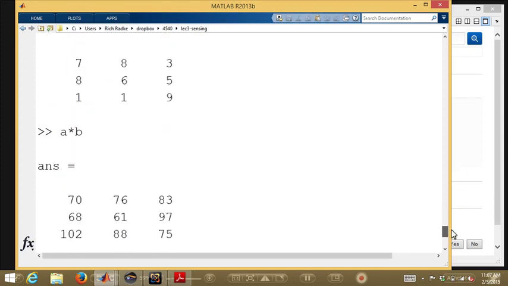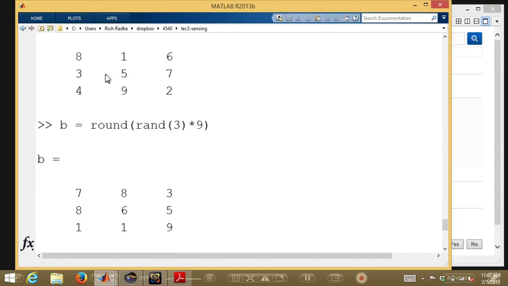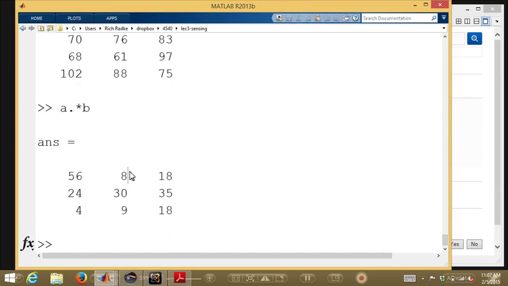So for example, here, what I want to get is 8 times 7 is 56, 1 times 8 is 8, 6 times 3 is 18, so I should get 56, 8, 18 across the top row of this thing. That's often what I want in image processing. If I want to multiply point by point two images together, I need to use this dot asterisk.